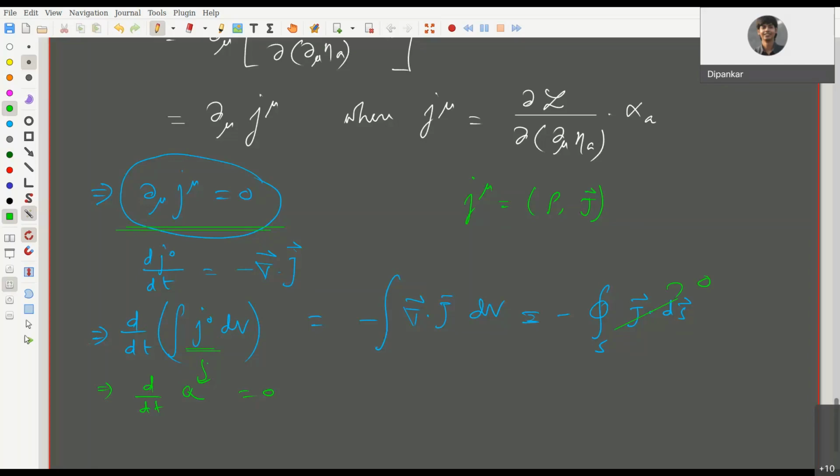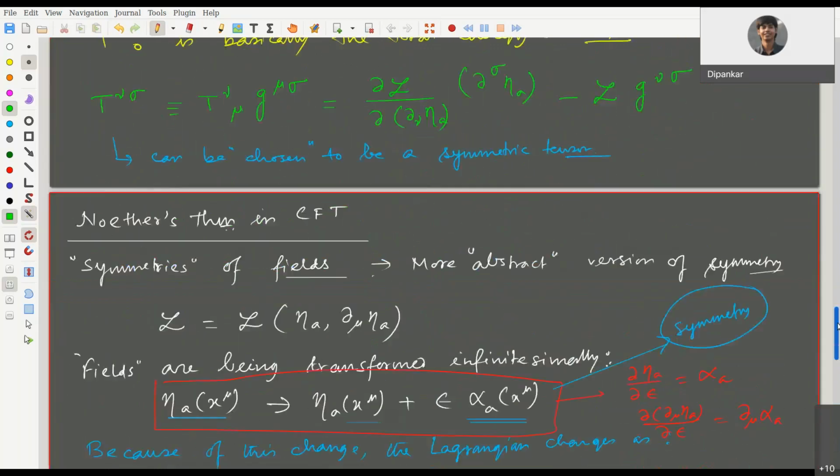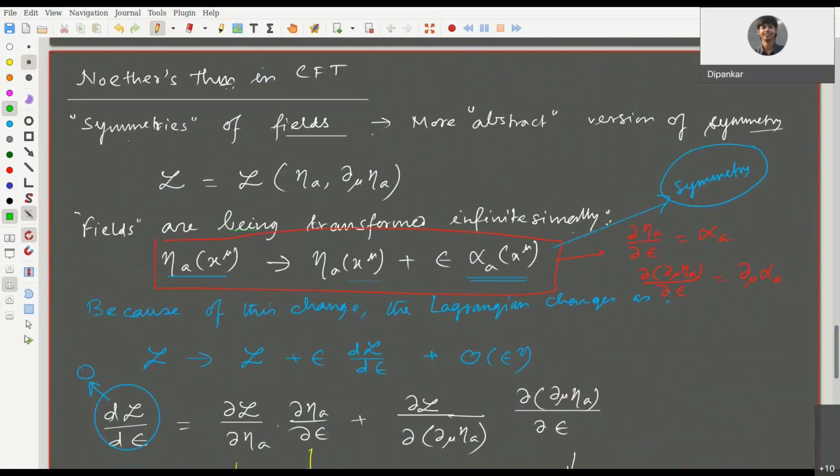So I noticed that if there is a symmetry operation, there is a symmetry that can be found here. Under this infinitesimal symmetry, if my Lagrangian does not change, then there is a conserved charge in the theory, and that conserved charge is called the Noether's charge. By the way, this infinitesimal transformation is a property of continuous symmetry.